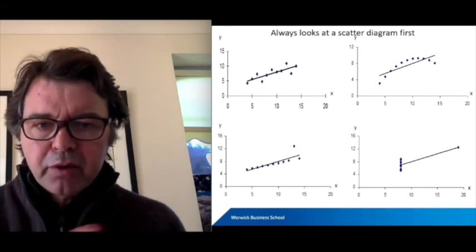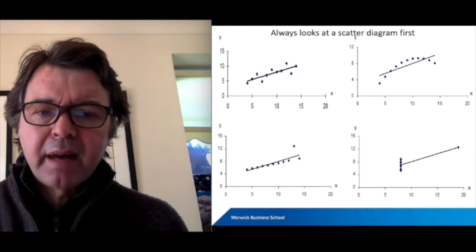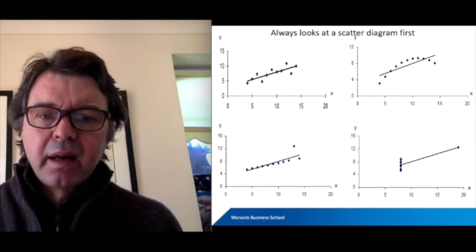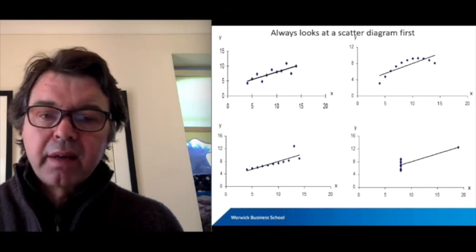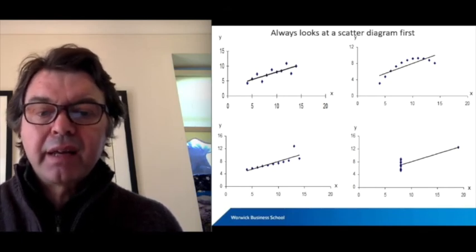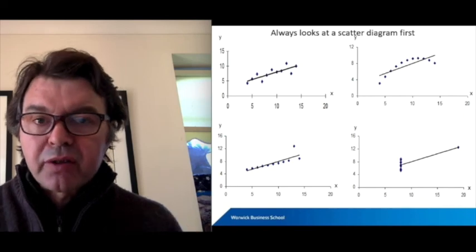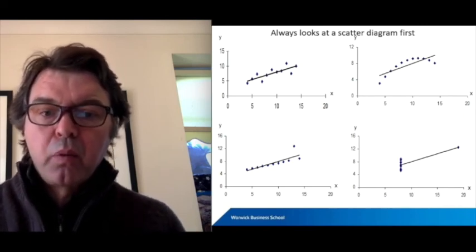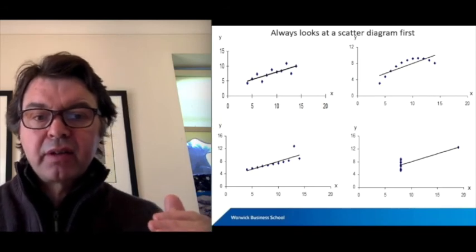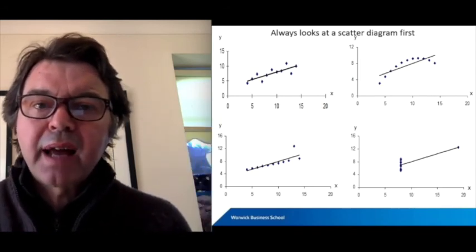Now, if we look at the bottom left data set, we can see that there appears to be an error in the data. There does appear to be a very clear, strong, positive linear relationship between those 2 variables, but one of the data points is completely different, and it looks like an error.